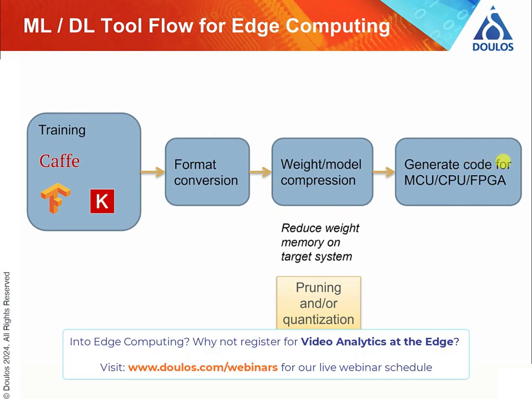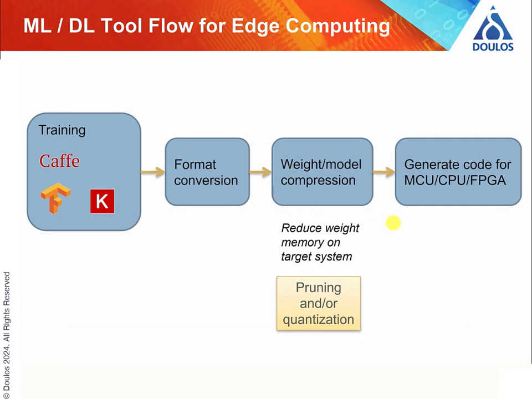And that step could look very different depending whether we're using an MCU or a GPU or a CPU or an FPGA or a specialized hardware accelerator, whatever it might be. And this is where it's really, really important that you use the back-end flow that's specific to your particular silicon vendor. So check out the flow provided by your particular silicon vendor and make sure you use that flow.